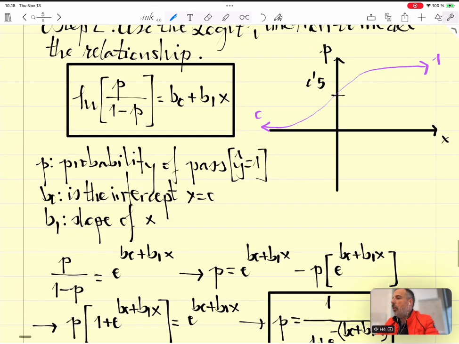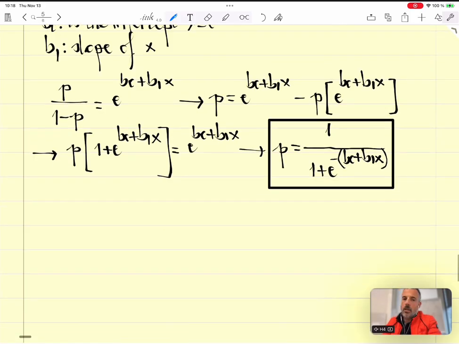This equation is this red line. So this is the general solution. Now step 3 is to solve it.